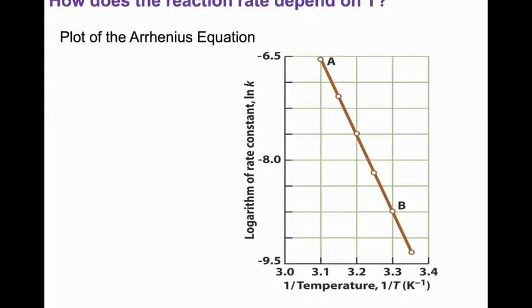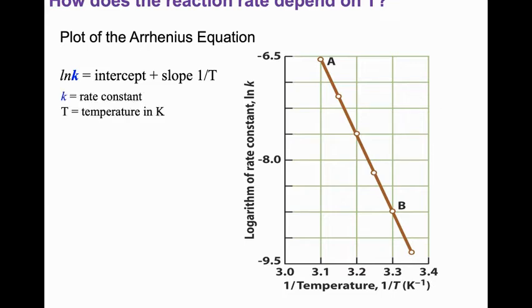Quantitatively, we can go back in history a little bit. It was first identified by a Swedish chemist named Svante Arrhenius in the late 19th century, so we now call this relationship the Arrhenius equation. He found that if you plot the natural log of the rate constant, k, as a function of reciprocal temperature in Kelvin, you will get a straight line.